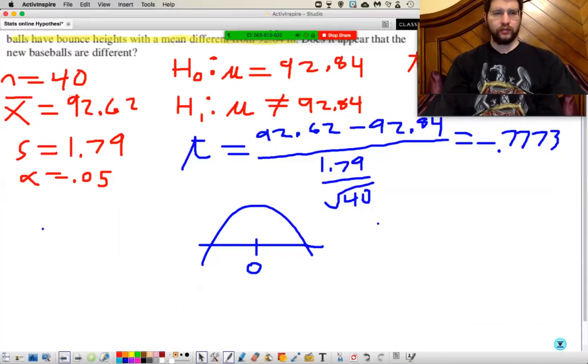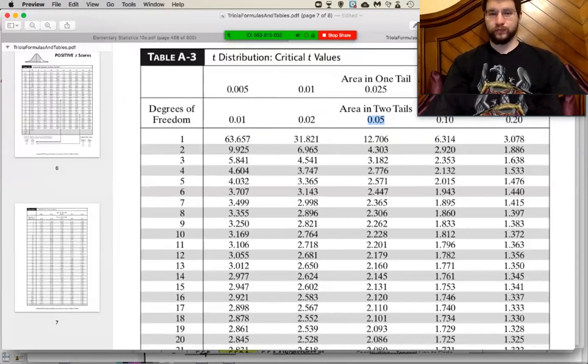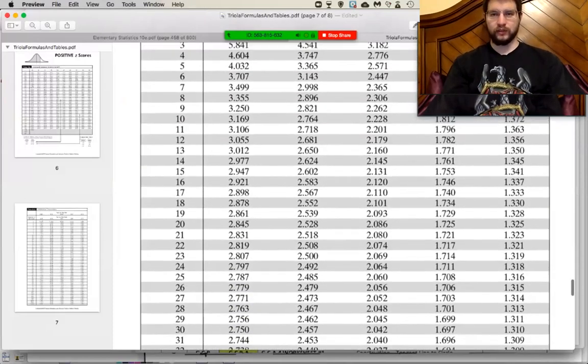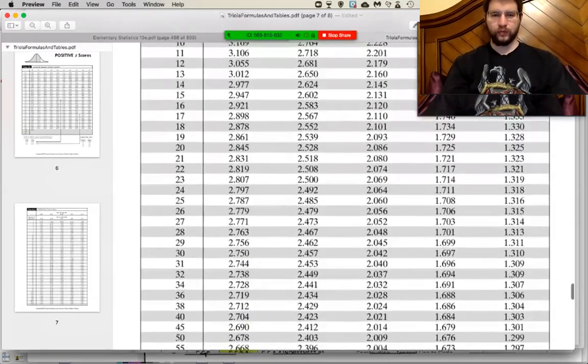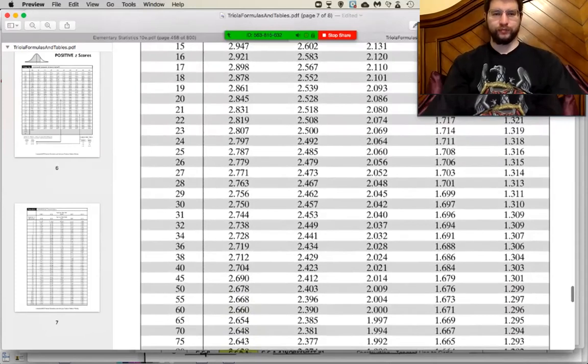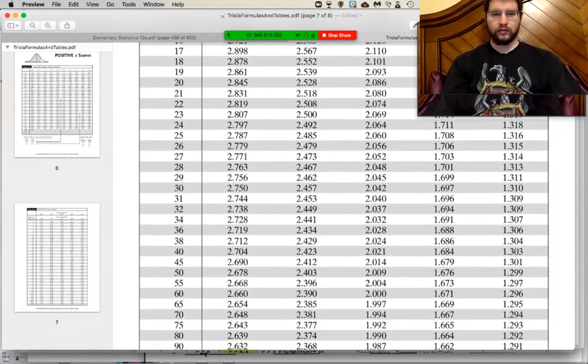And we have N is 40, so we have 39 degrees of freedom. Now, if we look at this chart, see, it's the middle column. It doesn't have 39. It has 38 and it has 40. Now, if you're up here where it's 50 and 55, you go to whichever one's closer.